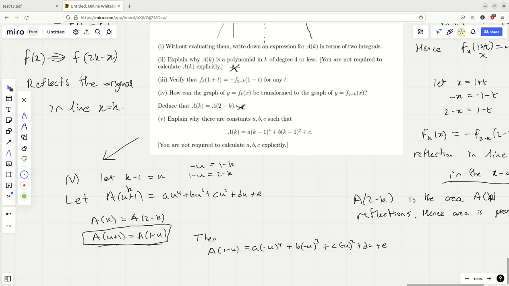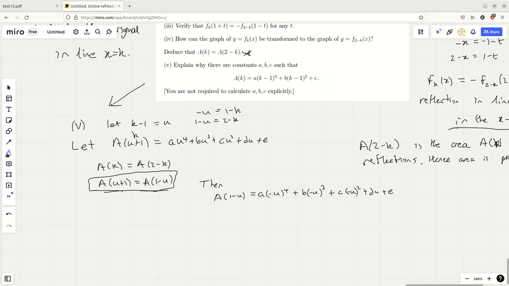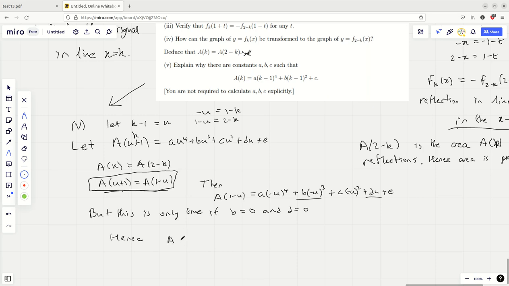But then we can conclude that this is only true if these odd terms are 0. Hence, we have the answer essentially, don't we? a of u plus 1 equals a u to the 4 plus c u squared plus e.